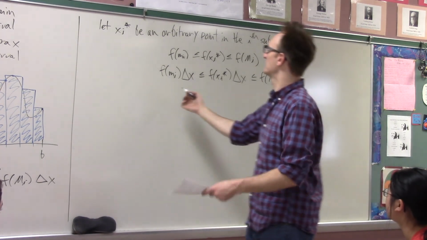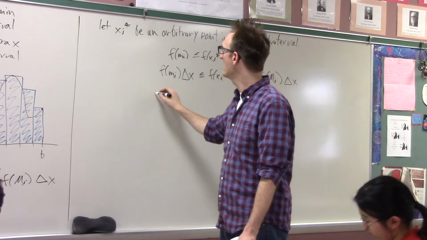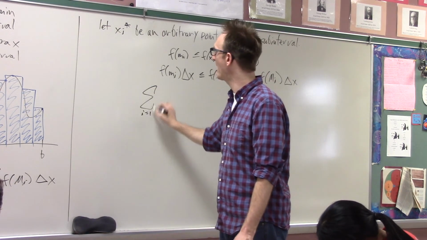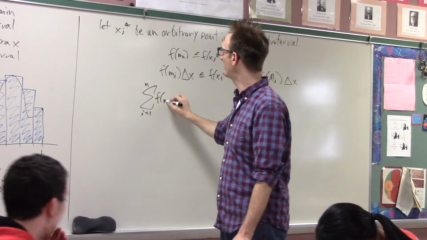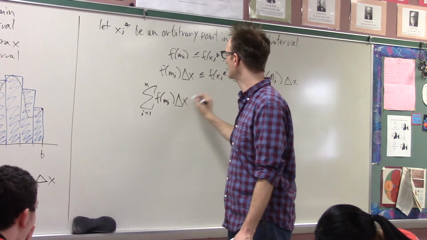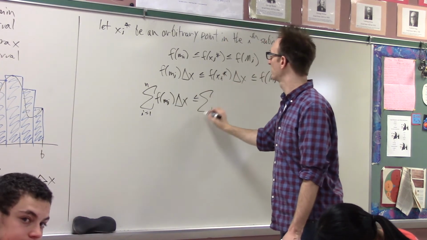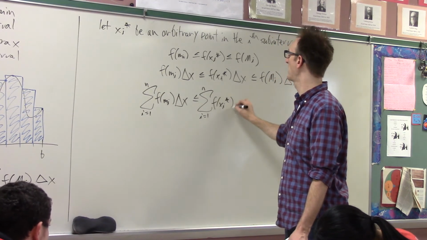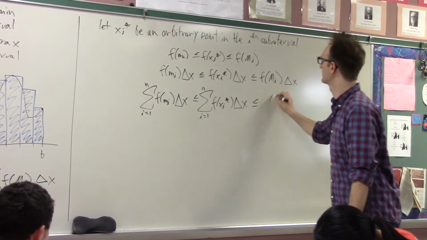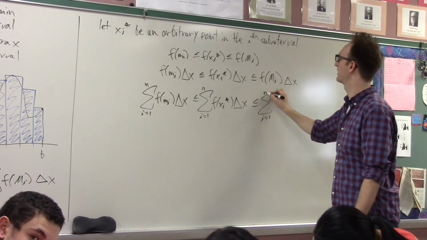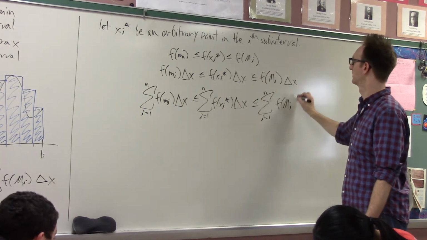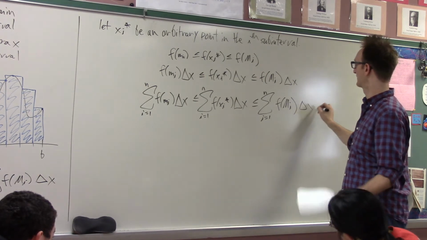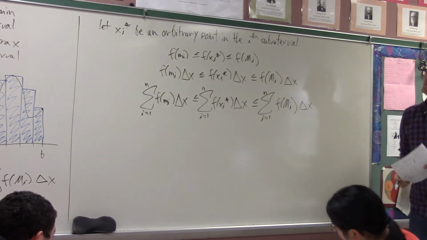So, summation. If that's true for each one, now I take the sum from I equals 1 to n of f of m sub I delta x, which is guaranteed to be between, less than or equal to, the sum from I equals 1 to n of f of x sub I star delta x, which is between the sum of f of M sub I delta x.